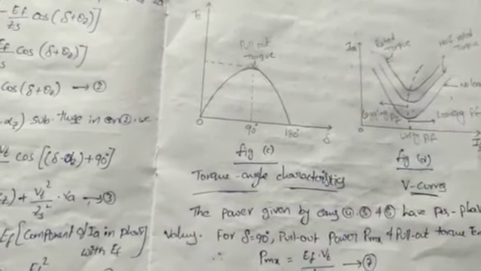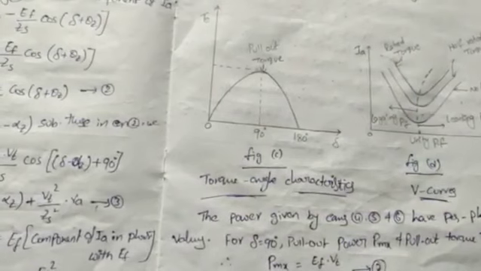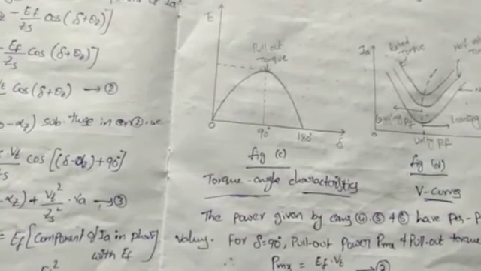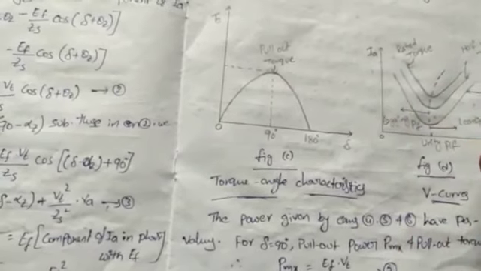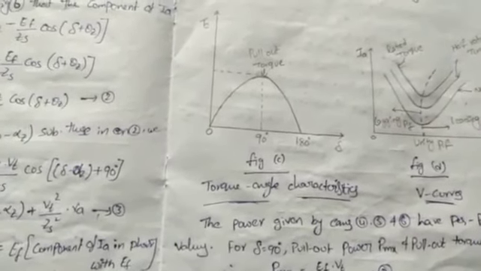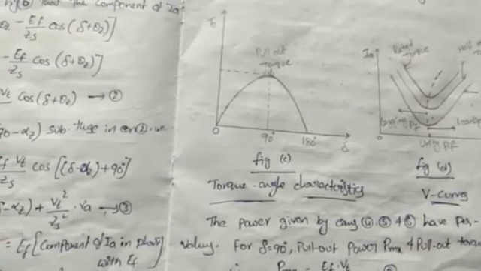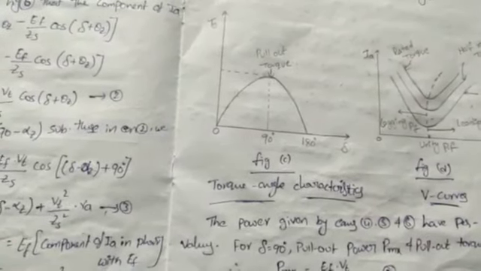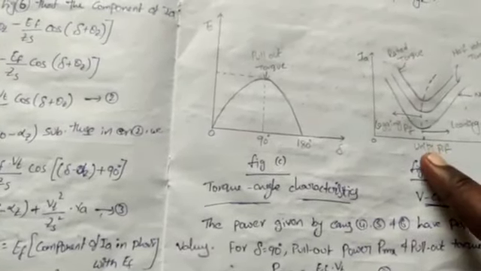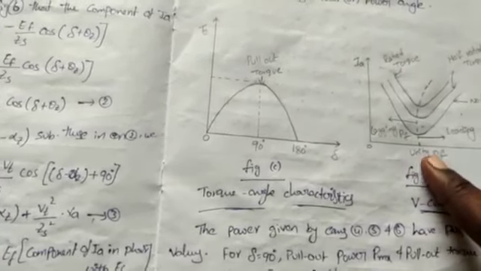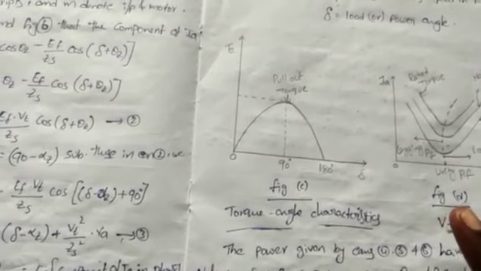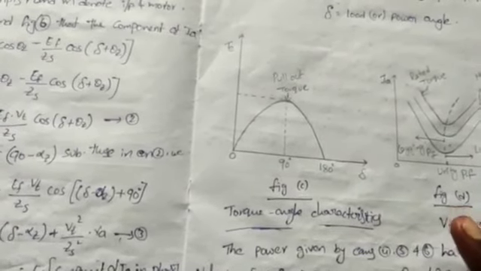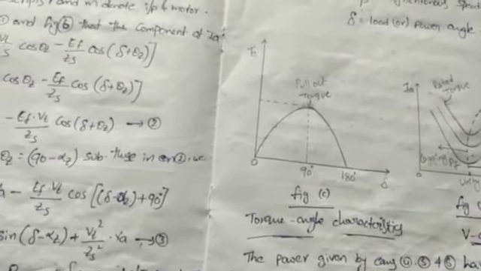Power factor of a synchronous motor depends on the field current. The variation of armature current with respect to field current for different loads on the synchronous motor is shown in figure D. As the shape of these curves looks like V, these are named as V curves of a synchronous motor.